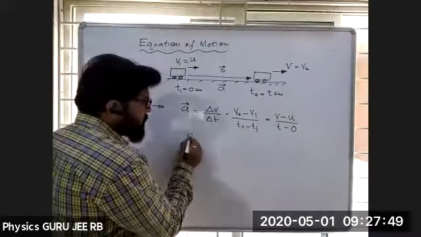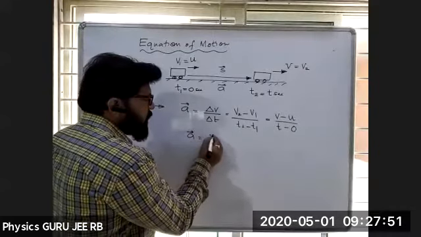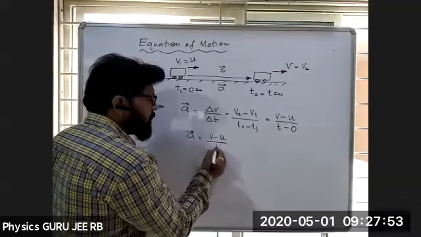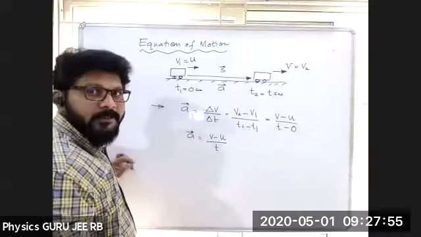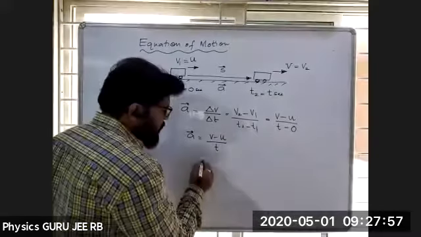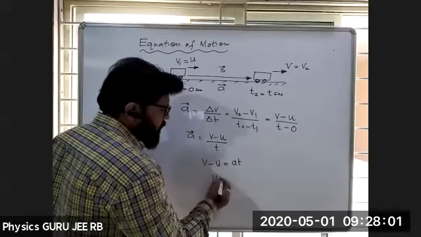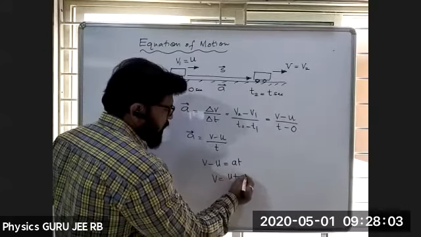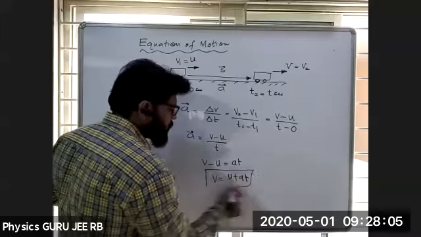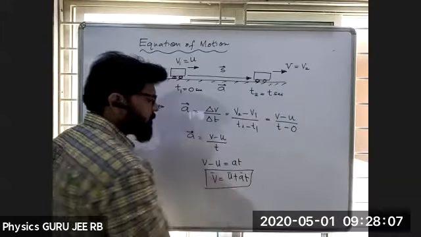Now acceleration a equals v minus u divided by t. So v minus u is equal to a into t. So v is equal to u plus at, right?